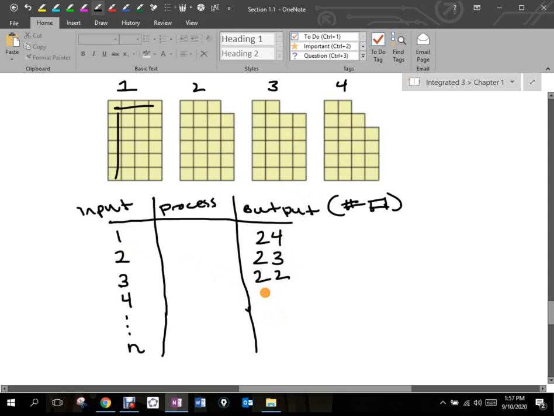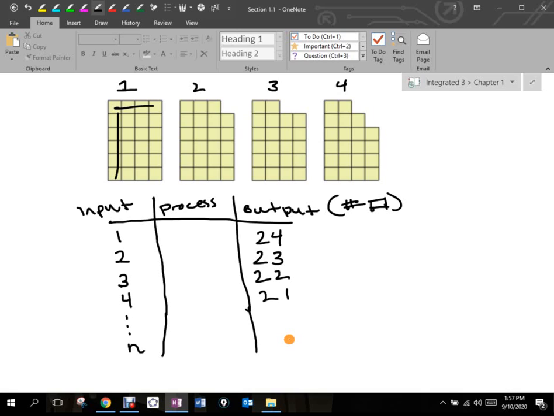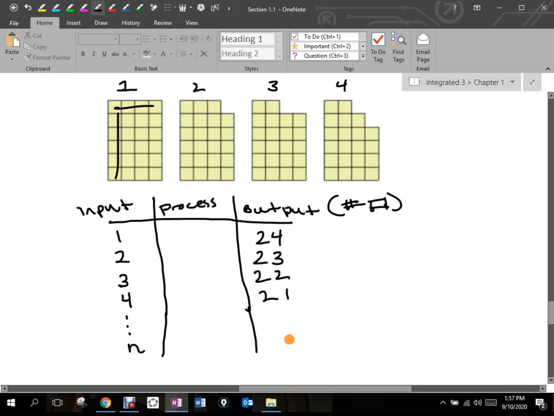And the fourth figure has 21. Okay. What are we doing there to get from the input of figure 1 to the output of 24 blocks? Jenna?